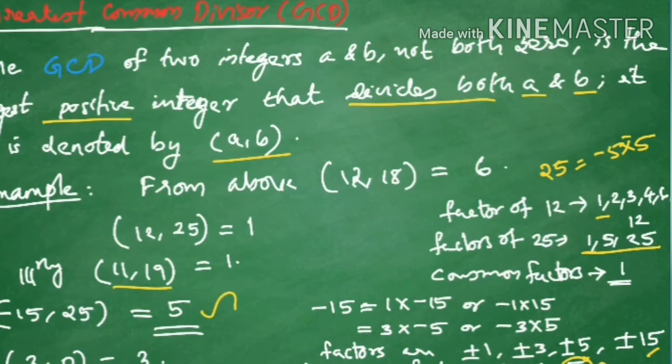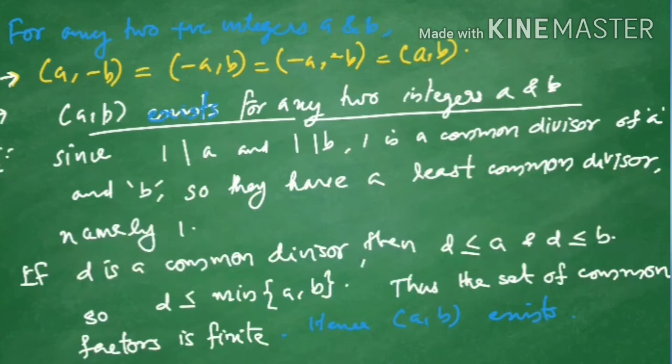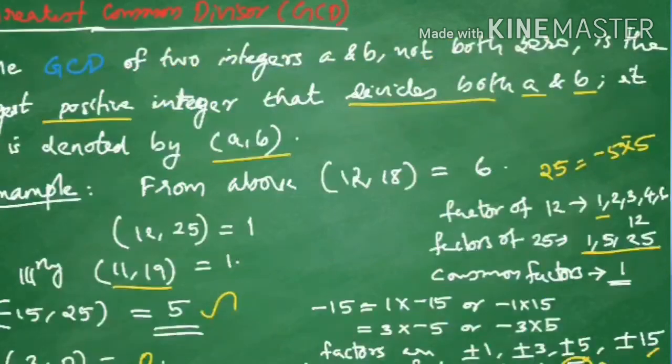Now the GCD of 3 and 0 is 3. How is it 3?